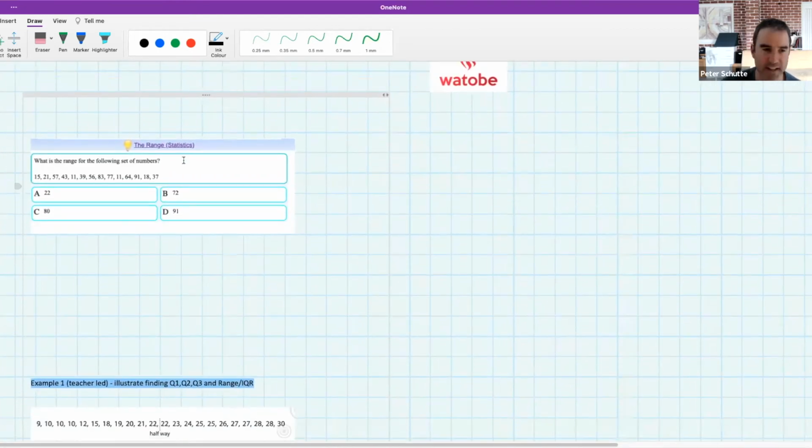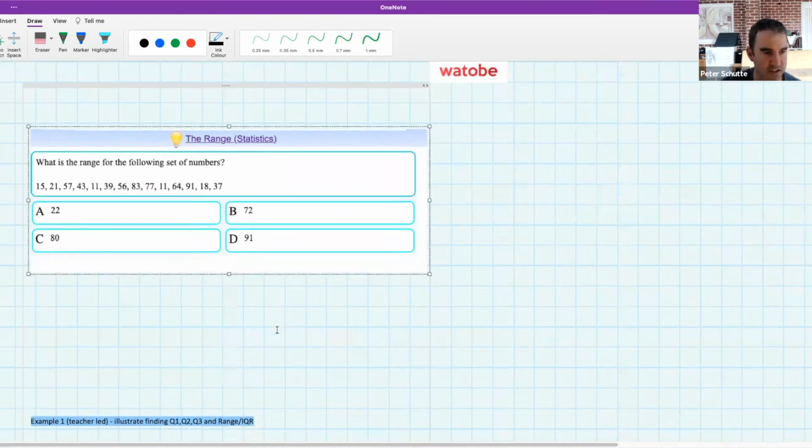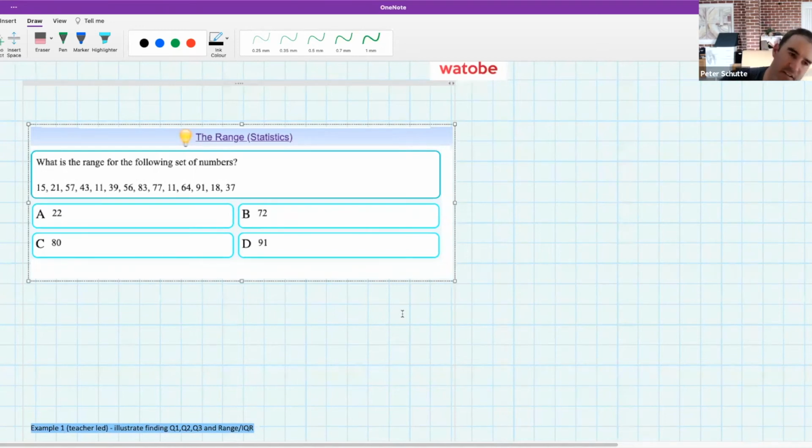Quick little revision. The first type of measure of dispersion is the range. I want you to find me the range and tell me which of these answers are correct. That's the most basic measure of dispersion, or how spread out the data is.